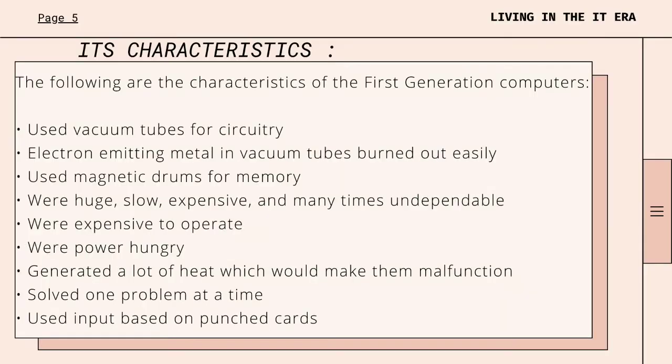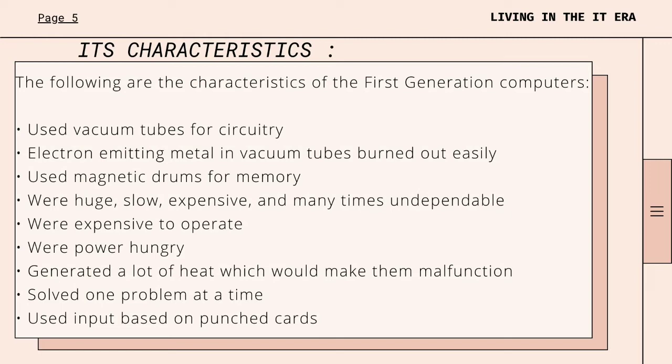The following are the characteristics of the first generation computers. First, it used vacuum tubes for circuitry. Electron-emitting metal in vacuum tubes burned out easily. Used magnetic drums for memory. Were huge, slow, expensive, and many times undependable.